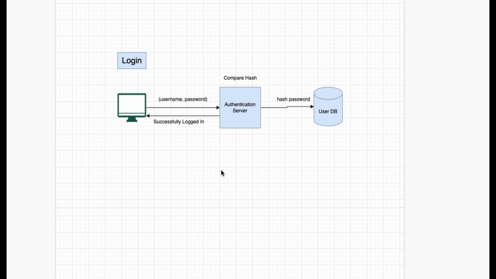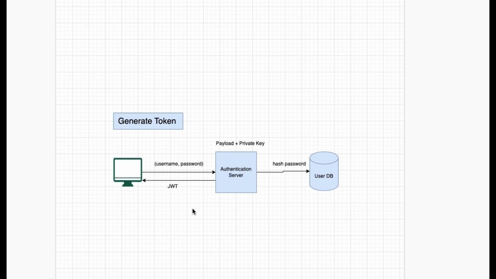Now we understand the sign up and login process. Now let's understand how we can generate JSON Web Token and how JSON Web Token helps us to validate the user. Let's extend the login process to generate JSON Web Token also. So when the user enters a credential and clicks on the login button, behind the scenes the authentication server first compares the hash.